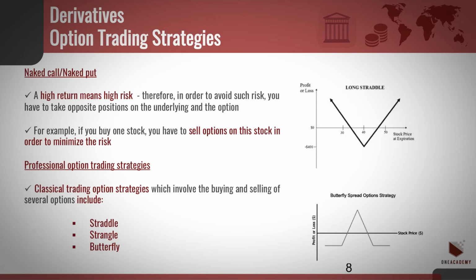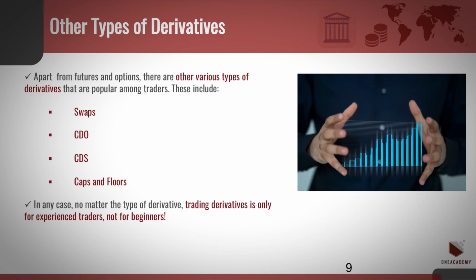Professional strategies. Besides the naked strategy, classical option trading strategies which involve the buying and selling of several options include straddle, strangle, butterfly. Other types of derivatives. Apart from futures and options, there are other various types of derivatives that are popular among traders.